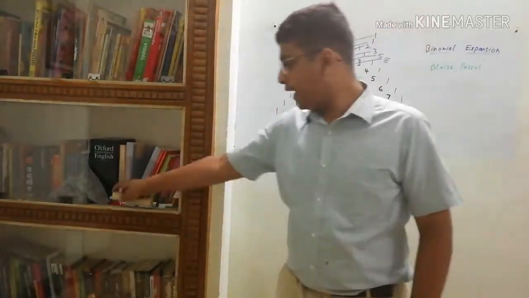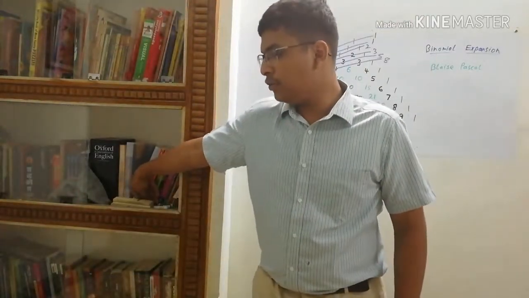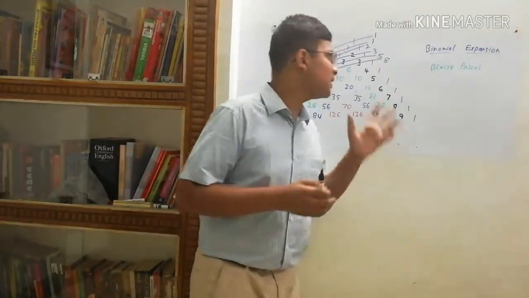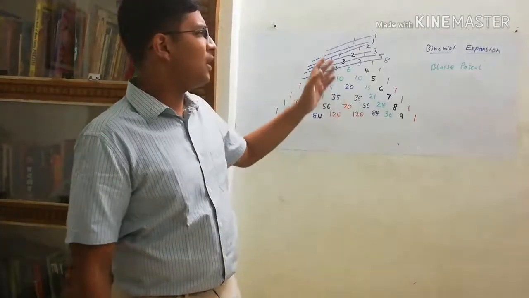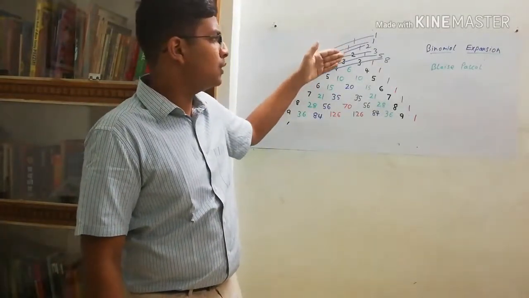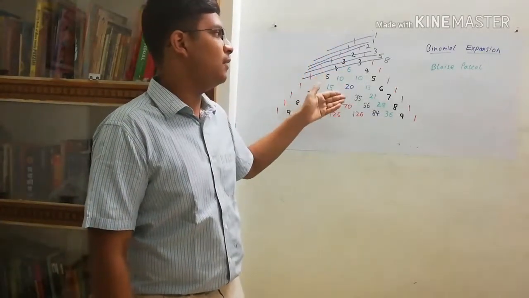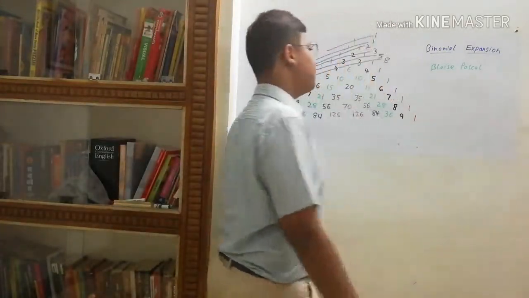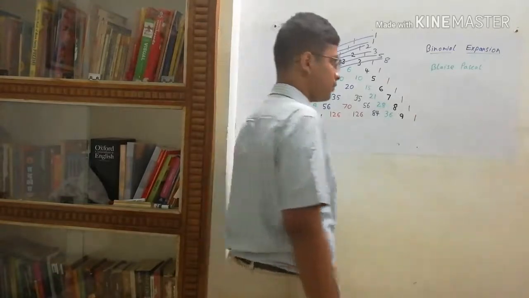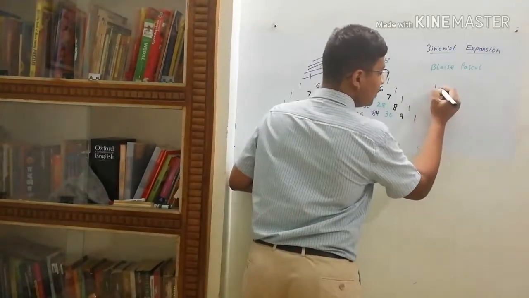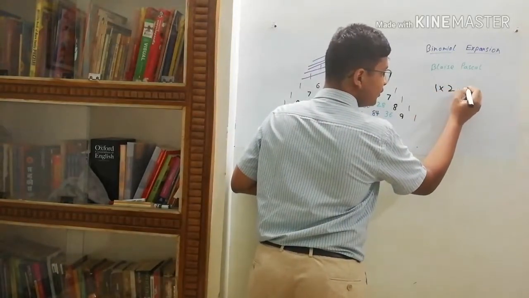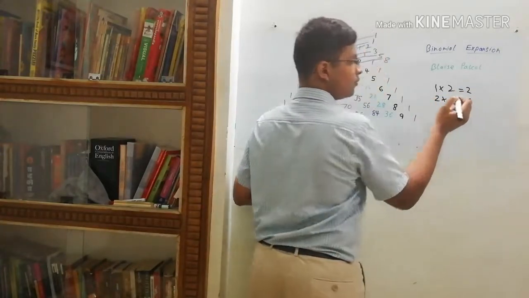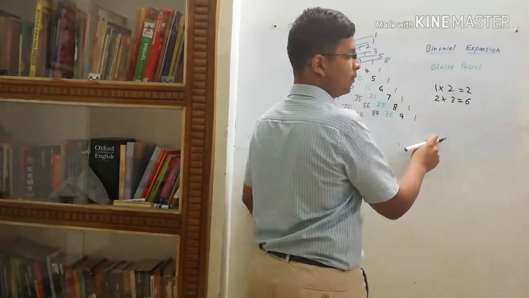So before ending the video, I would like to discuss a very important thing about the Pascal's triangle. Let's look at the vertical columns. 1, 2, 6, 20, 70. What do these numbers imply? 1 into 2 is equal to 2. 2 into 3 equals 6.